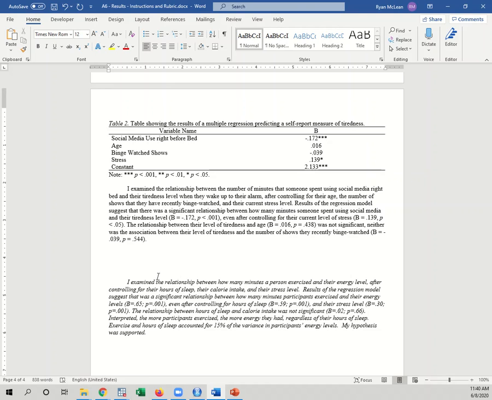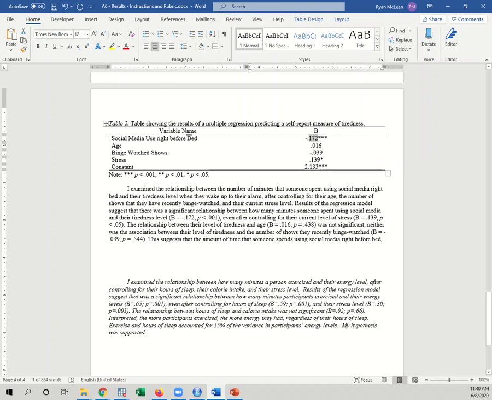He says that example uses interpreted. I could also say this suggests that. So this is English that your grandma would understand. The amount of time that someone spends using social media right before bed. So now I have to look at the direction of this.